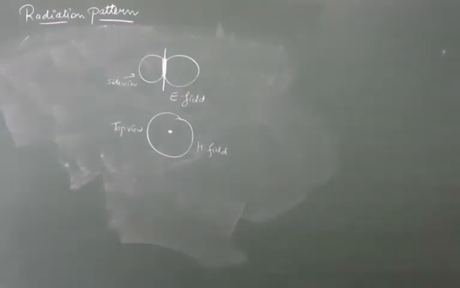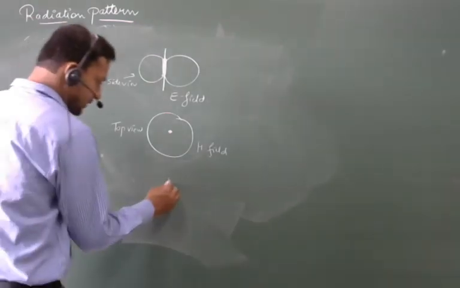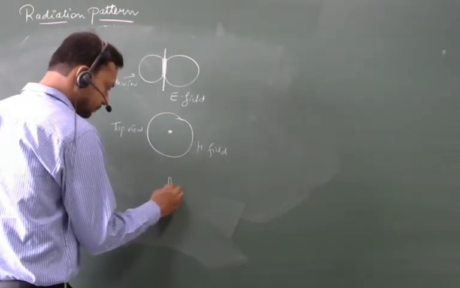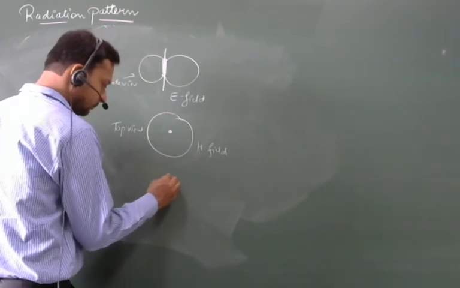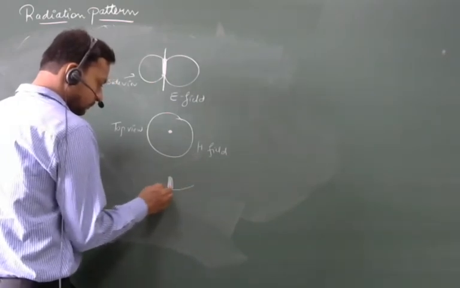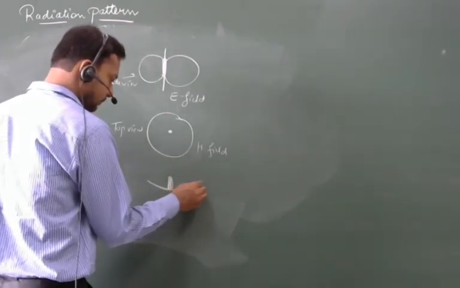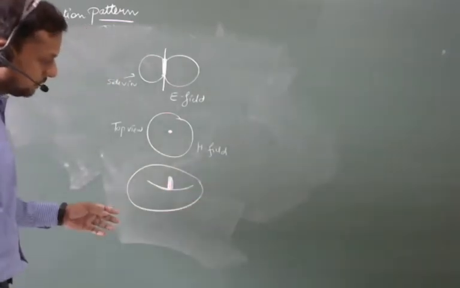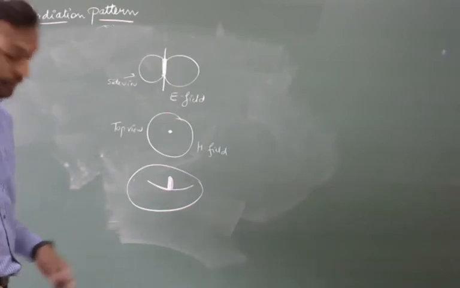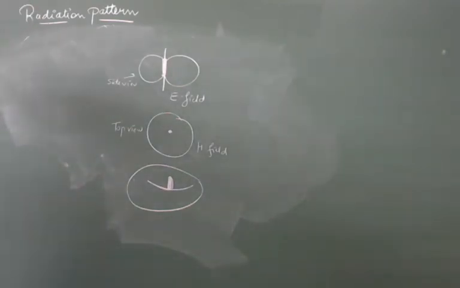So the overall three-dimension pattern is something like that. This is a wire. So this shape is something like a donut type shape.